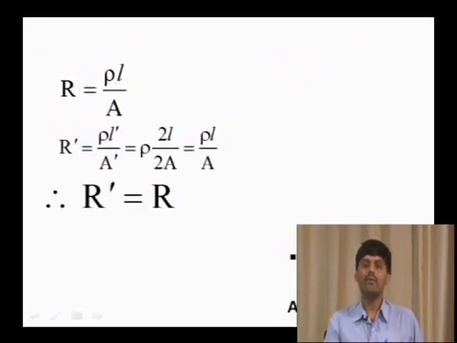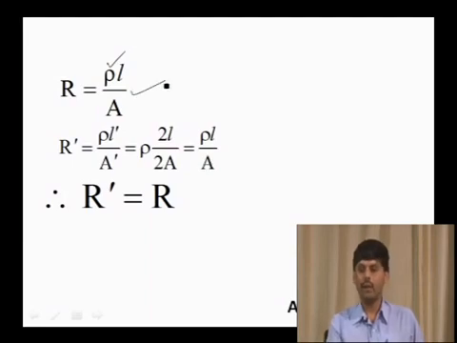For this, we have a relation between length, area and resistivity. Resistance is directly proportional to length, inversely proportional to area, and rho is the resistivity of the material. The resistivity of the material does not depend on the dimensions, so it remains rho with no change in value.